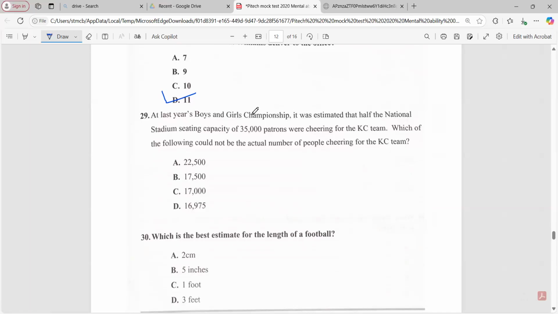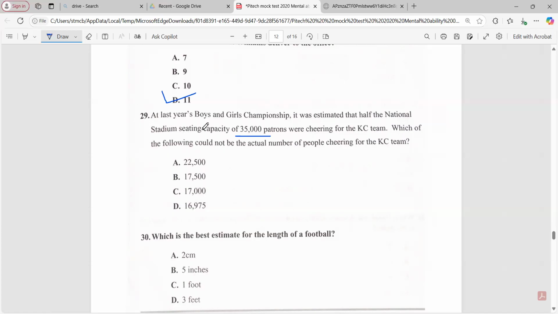At last year's Boys and Girls Championship, it was estimated that half the National Stadium seating capacity of 35,000 patrons were cheering for the KC team.